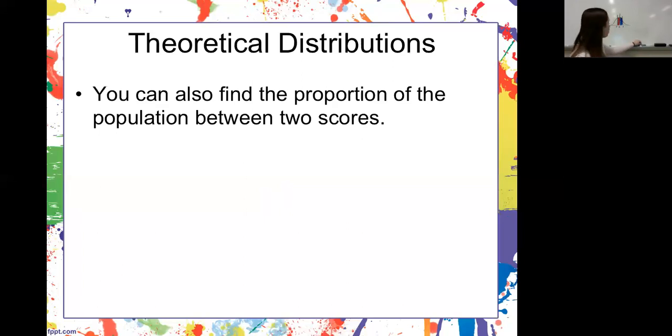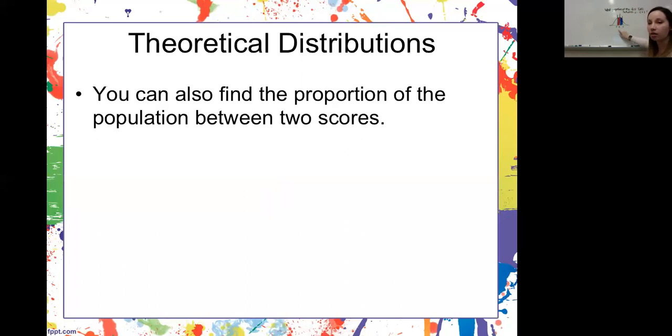So the prompt for a problem like this would say something like, what proportion of the normal distribution falls between a Z-score of -1 and +1?